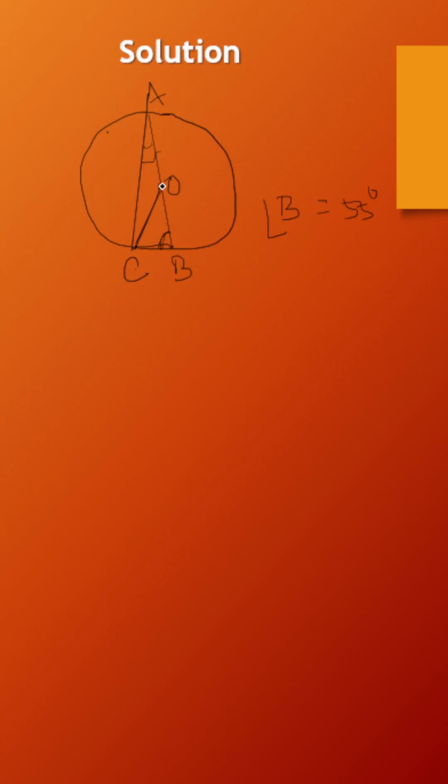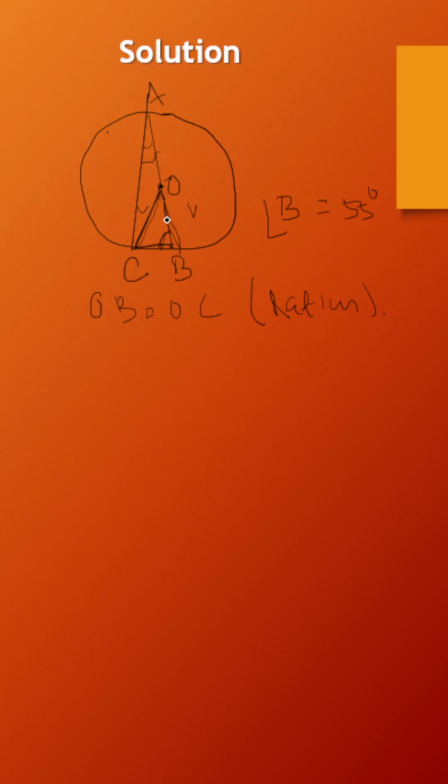This is a triangle. In the triangle OCB, OB is equal to OC. Why? Correct. OB is equal to OC because both are radii of the circle, two radii, OB and OC.